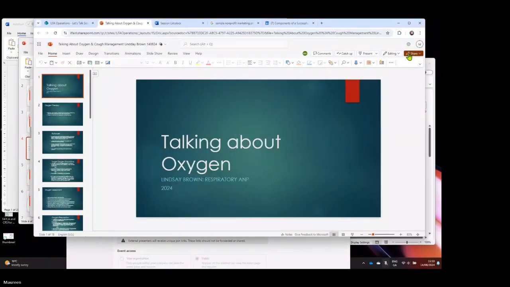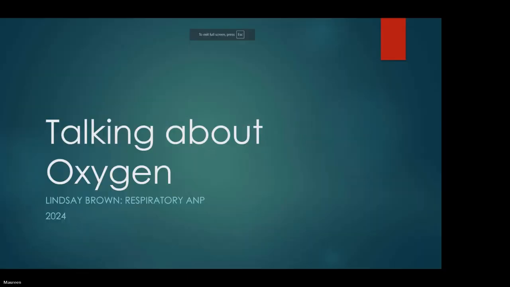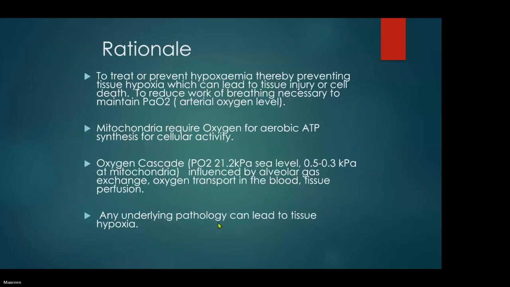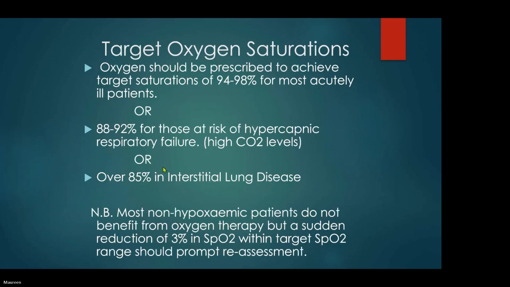It's not telling us what's happening inside the artery in your blood, because that would be an arterial oxygen saturation, and we can't find that out in a non-invasive way. Target saturations for the majority of people who do not have any underlying health problems, who present to a hospital perhaps with an acute illness, would be between 94 to 98%.